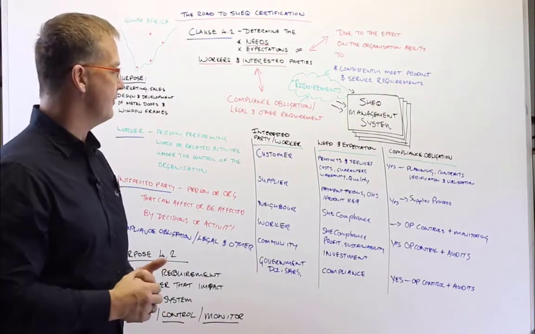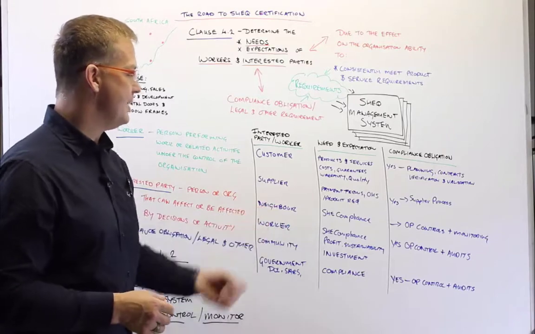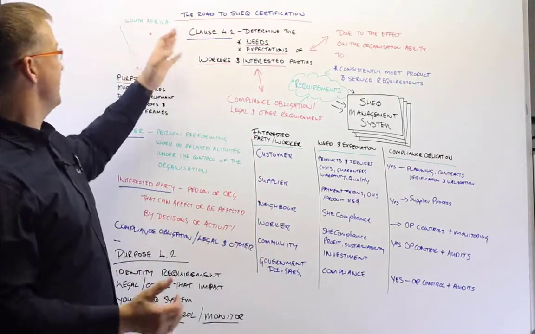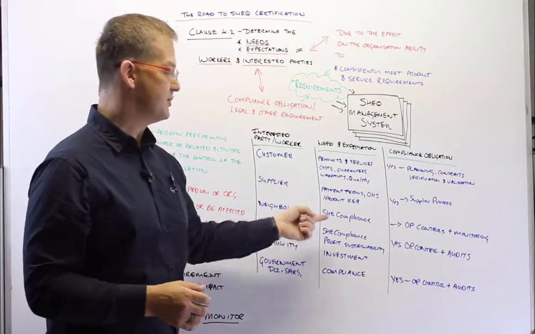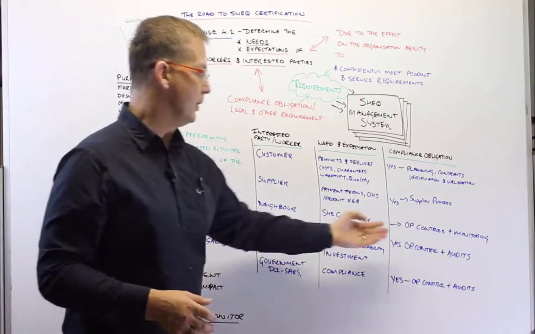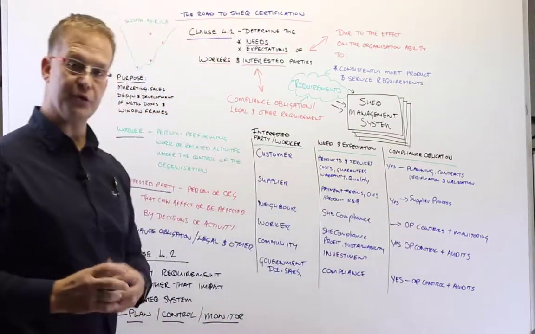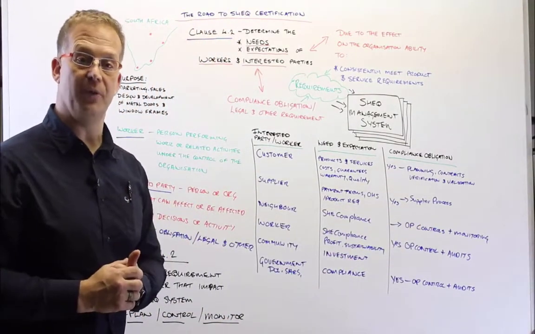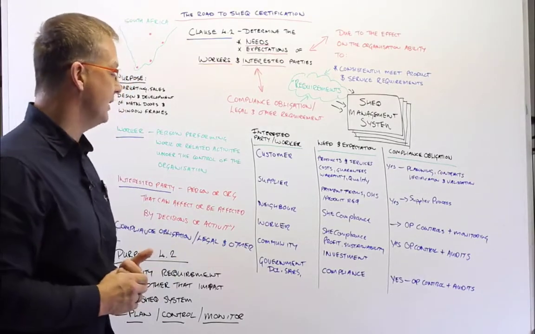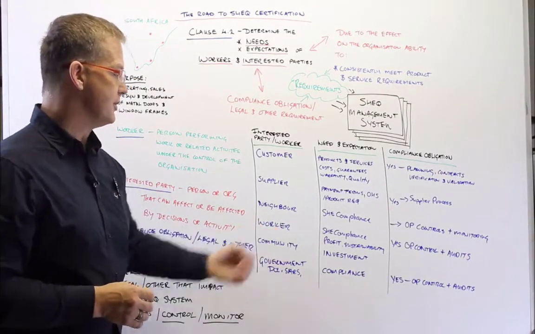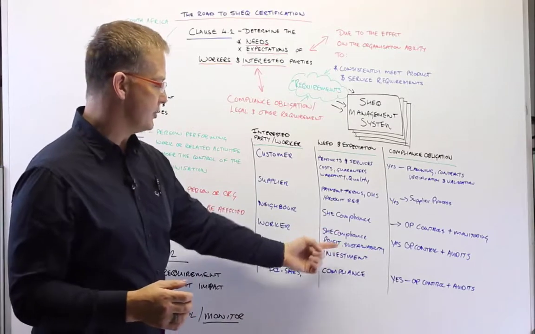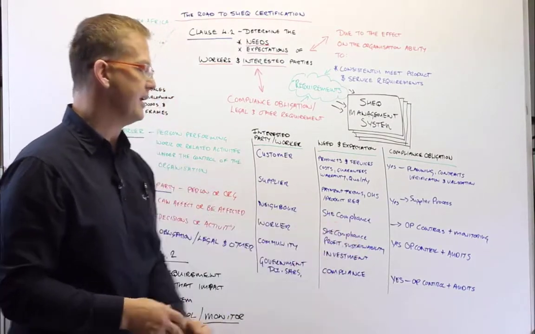Other examples of interested parties could be neighbors. Our neighbors adjacent to our operations could be interested in our SHEQ compliance. We're going to build that into our operational controls to make sure that we comply with SHE legal and other requirements. Our workers are going to be interested in our SHE compliance, our profit and our sustainability.